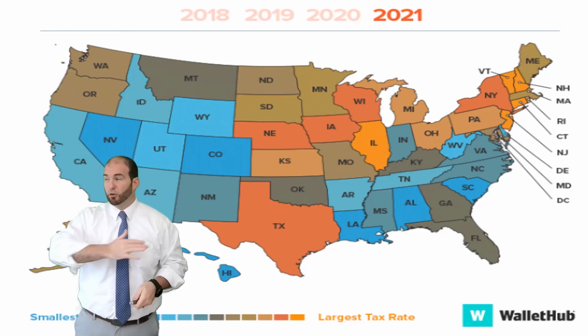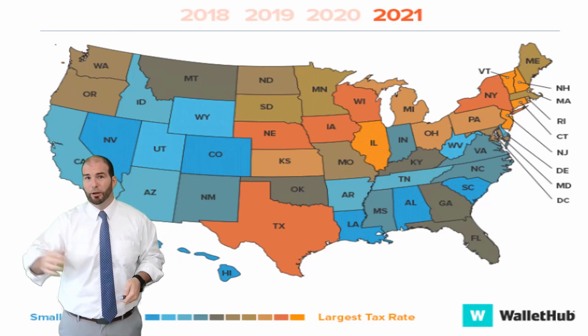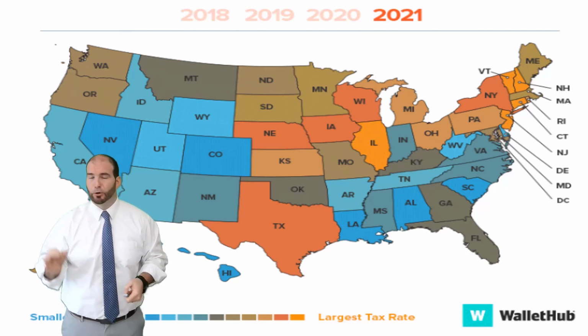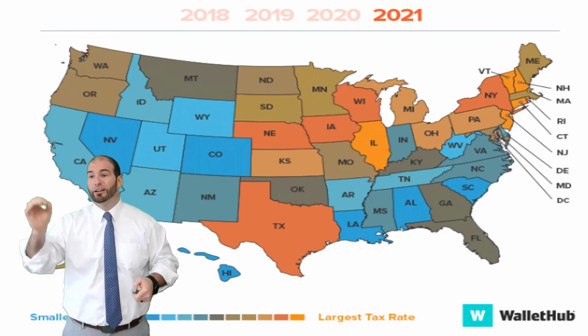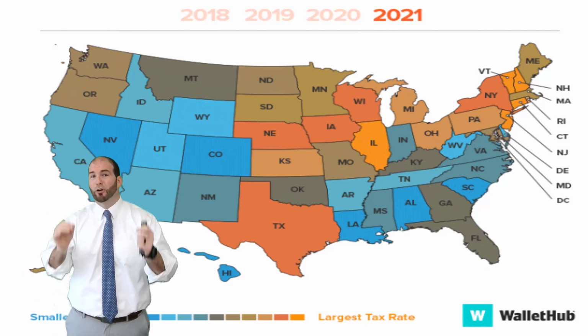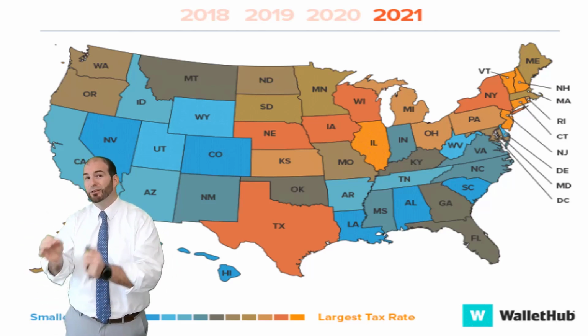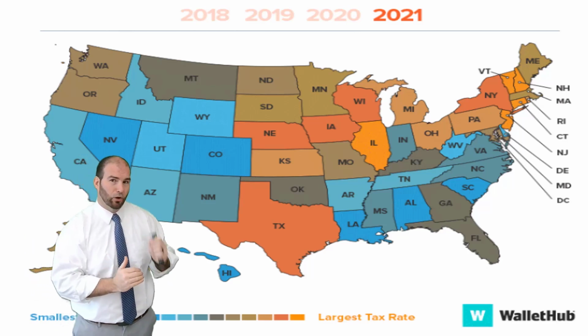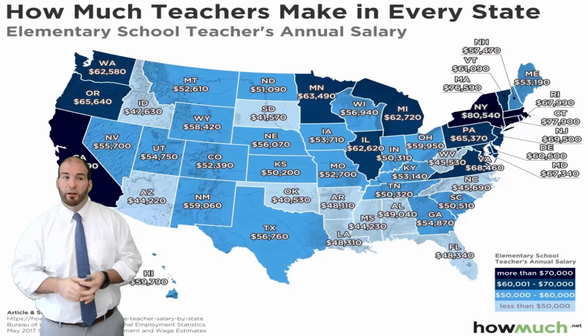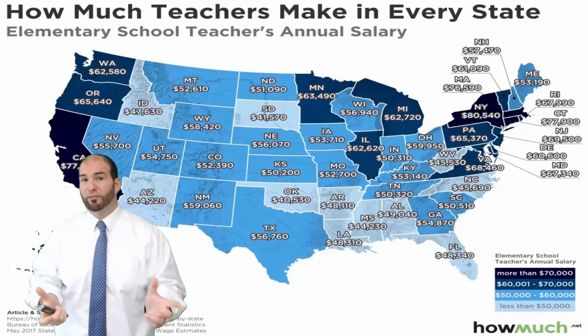The property taxes are way higher up there, and the reason is that property taxes in a state are very often directly connected to the amount of money the state is paying their teachers. So you'll notice the property taxes are lower in the South and more expensive in the North, and this is how much teachers make in every state.